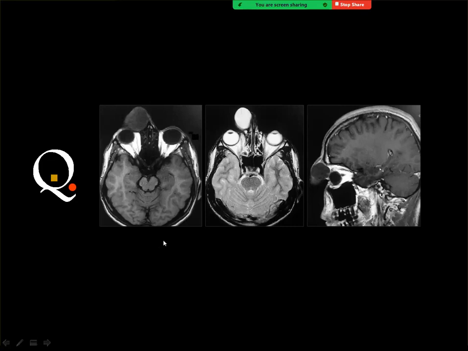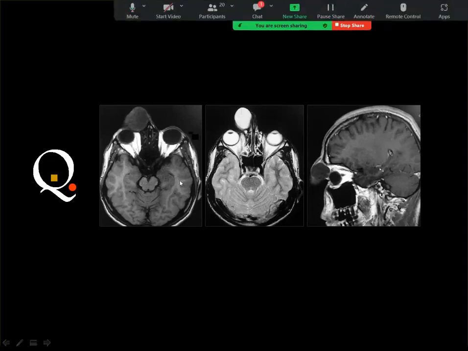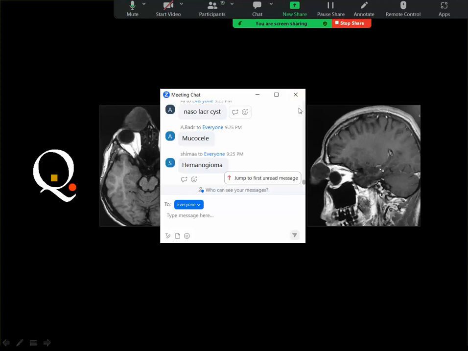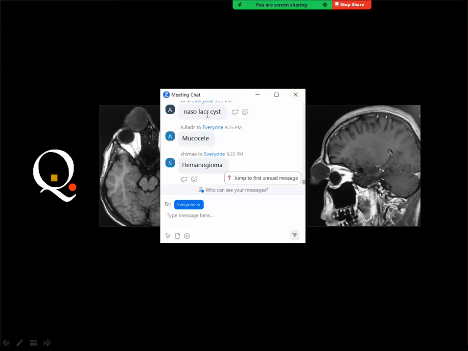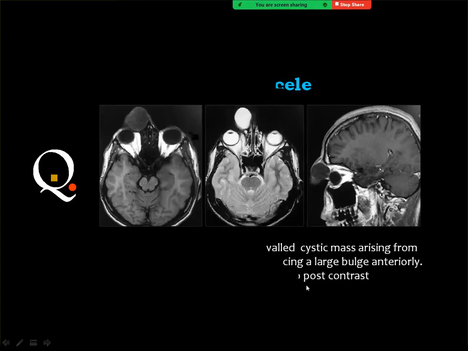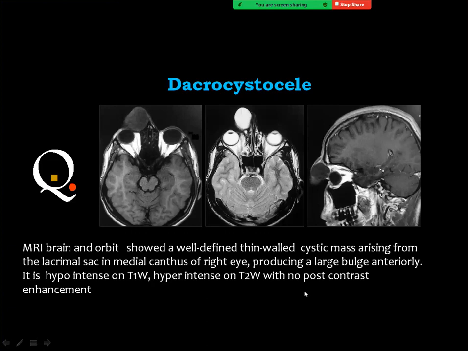Yes, dermoid and epidermoid are good possibilities, but if you look carefully for the characteristic location, which is very close to the nasolacrimal duct, then you should think of a nasolacrimal duct cyst or an infected nasolacrimal duct or a dacryocystocele.